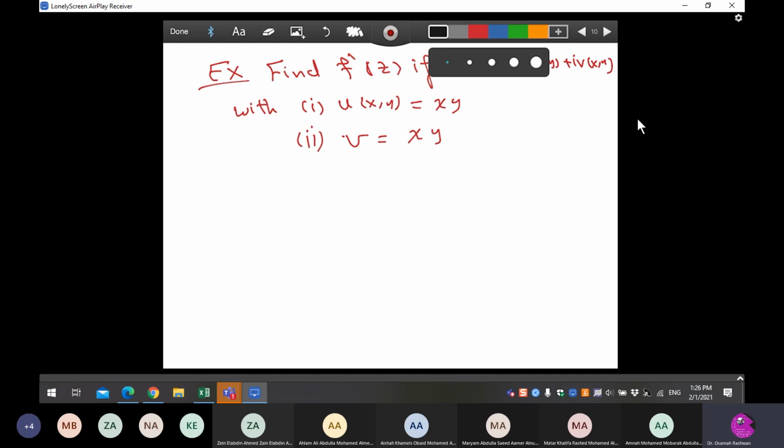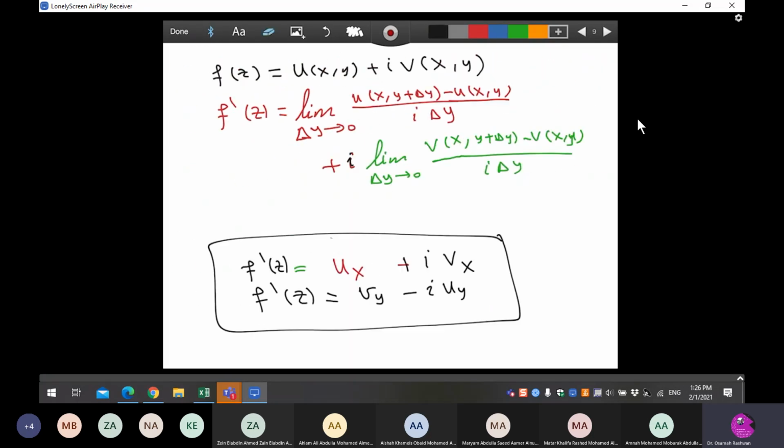So yes, now you are not going to follow the real function rule for f of z. You go for your special case for the derivative. If I know the real part and the imaginary part, I can go for this one.